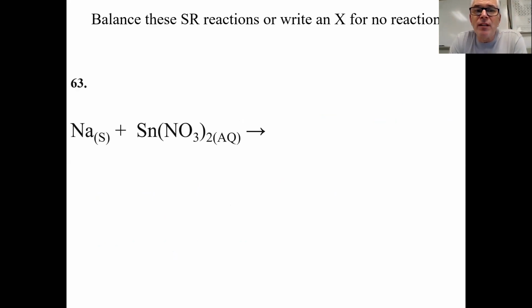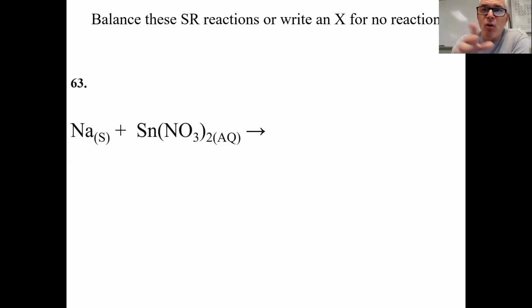Sodium is going to go into something called tin(II) nitrate, Sn. So let's see. On my table, we have tin and sodium. Which one's higher? Sodium's up there, tin is down here. The sodium is more active than the tin.